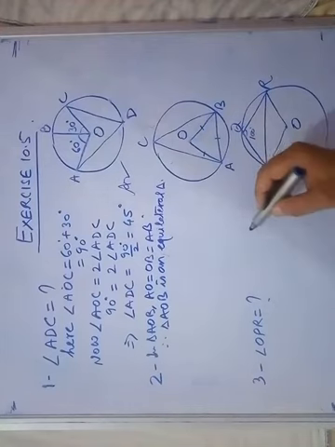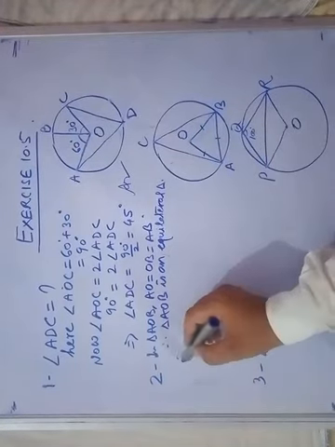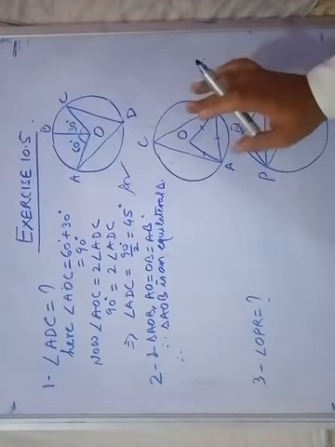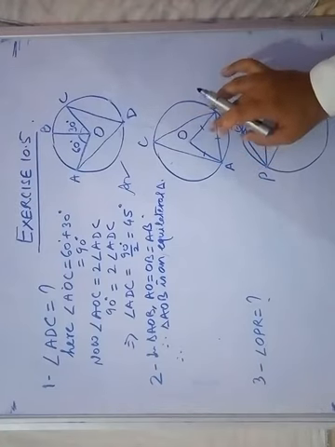We know that each angle of an equilateral triangle is 60 degrees.